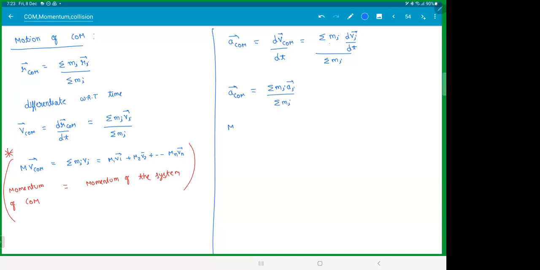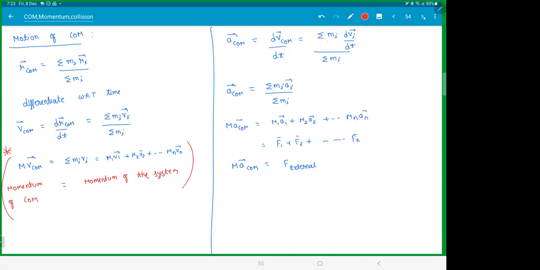You can arrange this: total mass into acceleration of center of mass would be m1 a1 plus m2 a2 and so on till mn an. That is nothing but force on the first particle, force on the second particle, force on the nth particle. If you add all the forces, we get total external force. Internal forces cancel out. So till now, when you were writing F equals ma, that a actually belongs to the center of mass.